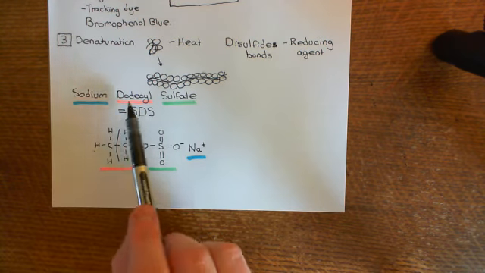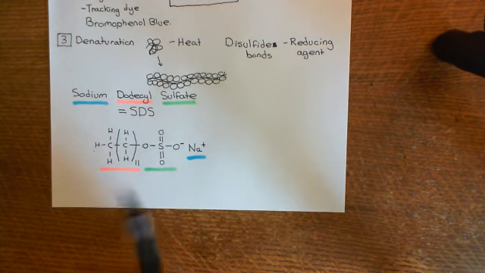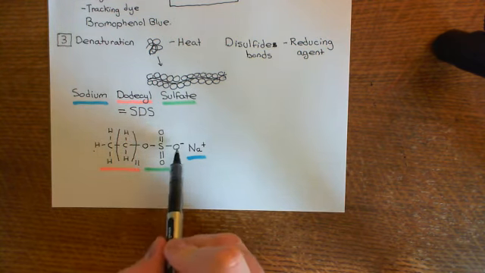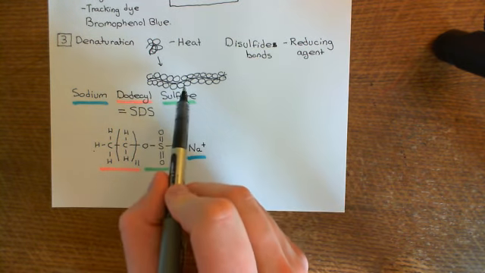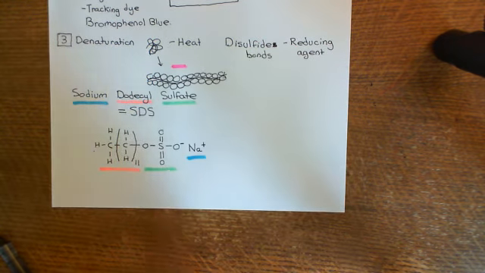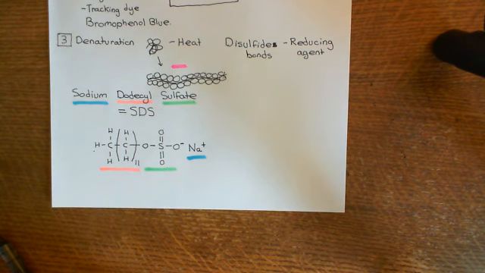And the dodecyl sulfate anion is called an anion because it has a negative charge. So actually you have covered your polypeptide in negatively charged molecules. So this polypeptide is going to become negatively charged, basically. And that's going to be important. That's how we're going to get these proteins to move through the polyacrylamide gel.